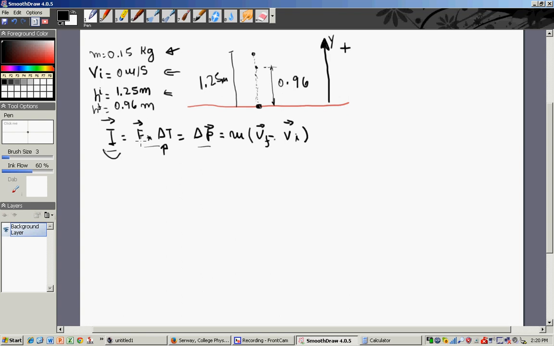You don't have the force. By the way, the force that is acting on the ball when the collision takes place is the normal force, right? At that moment it is a variable normal force.